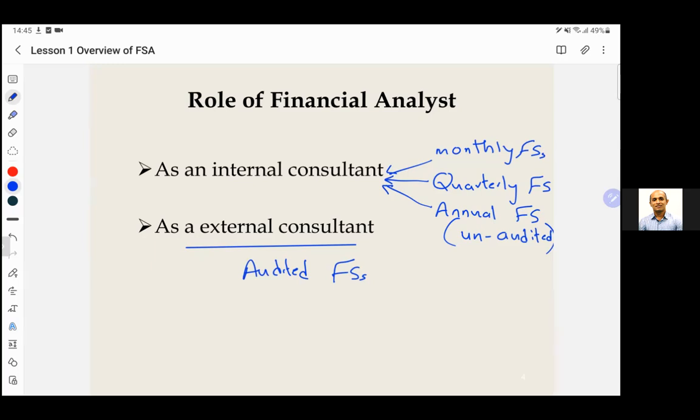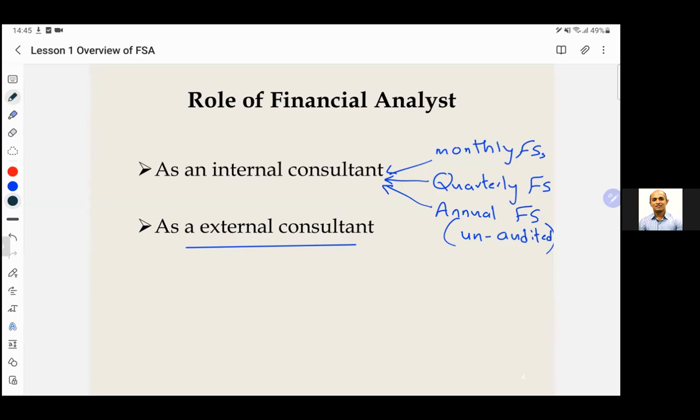Now let's say one of your clients, an investor, has asked you for advice. Now let's say two companies are going for a share issue.